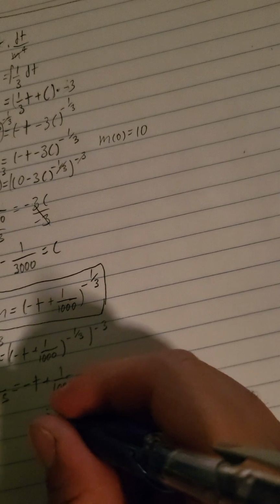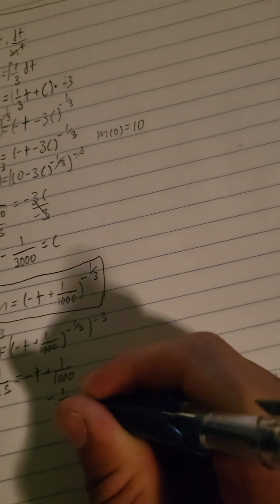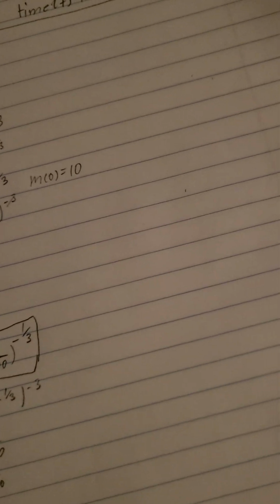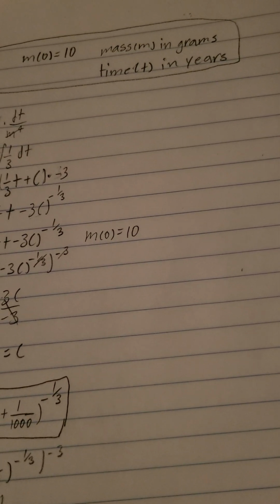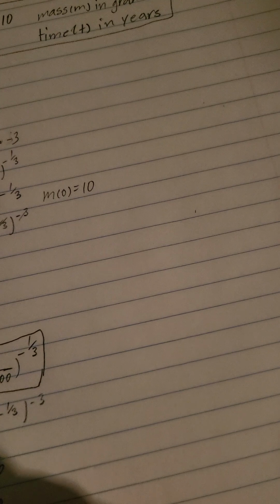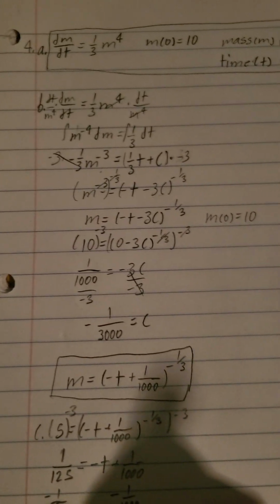Move the 1 over 1,000 over. And let's go back to the calculator and do this in there. It says 7 over 1,000 equals negative t.